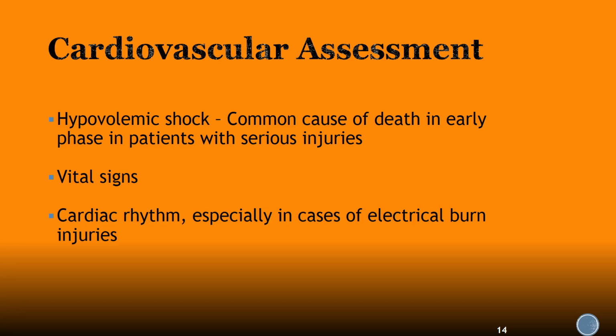They can have a metabolic acidosis. The tissue damage results in a release, I mentioned the potassium and the sodium before. Cardiac rhythm needs to be really watched, especially with an electrical burn, but cardiac arrhythmias can occur with the electrolyte imbalance.